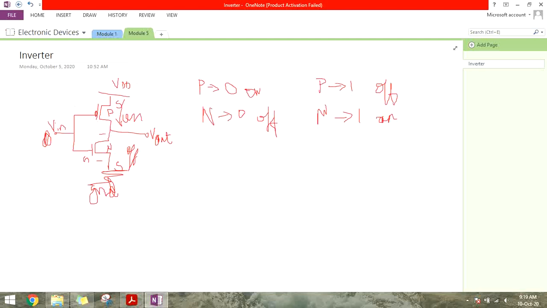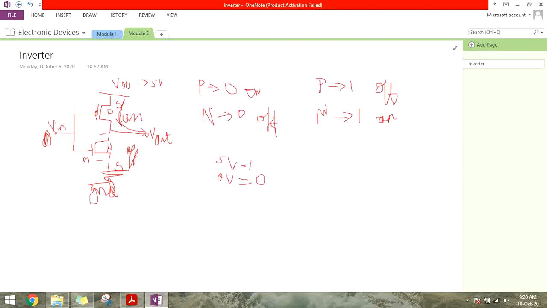So whatever signal you provide over here, if you give 5 volt, which is considered as 1, a digital input, and 0 volt is considered as 0, then this will be on, and whatever supply we provide will be given to the output.